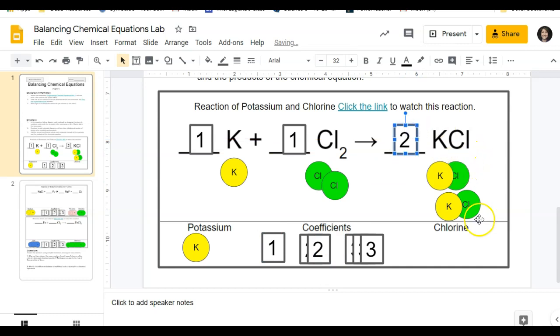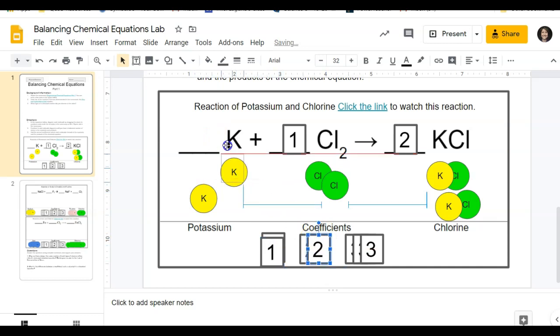Because I have 2 molecules of potassium chloride. Well, we still have to fix this up. These are not equal sides. So I'm going to add a potassium on this side. Now I am going to add just a single potassium because that's what formula I have. When I do that, I have to change this coefficient because now I have 2 potassium.